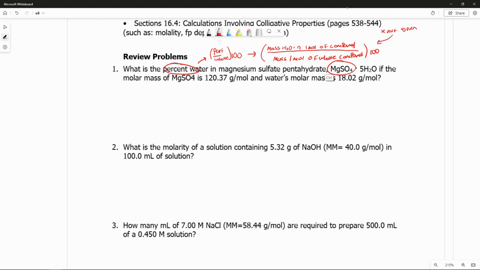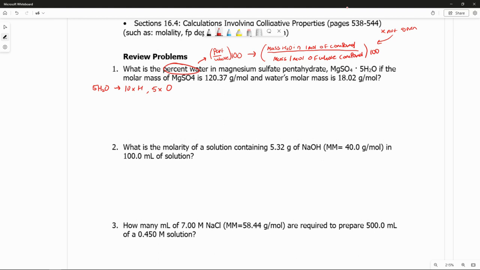We're given MgSO4, so all we got to do is find the molar mass of 5H2O. 5H2O means that you're multiplying 5 with 2, and 5 with the invisible 1 that's linked with the oxygen. 5 times 2 is 10, so we have 10 hydrogens. 5 times 1, the invisible 1, means we have 5 oxygens.